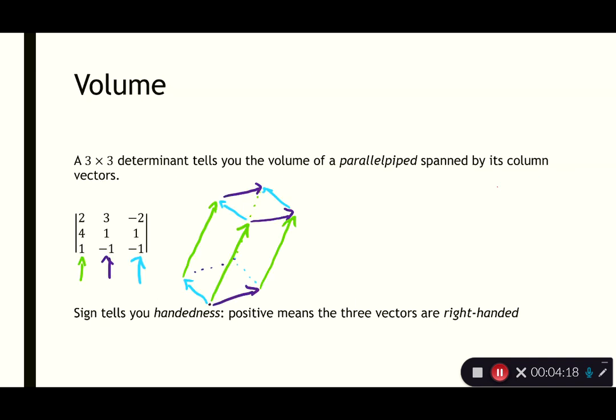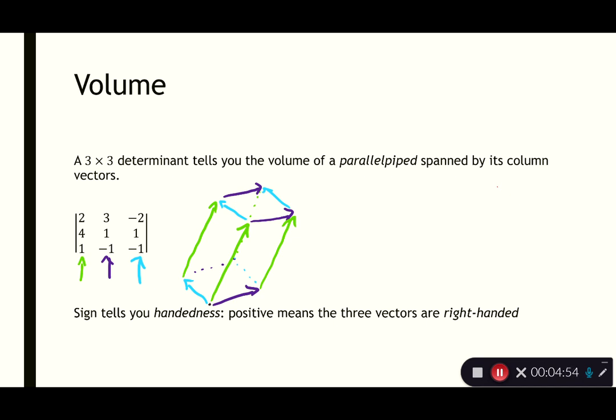A 3 by 3 determinant has a similar interpretation to the 2 by 2 determinant in that it tells us now about volume. If we have 3 column vectors that make up a 3 by 3 matrix, we can put them together into a geometric shape called a parallelepiped, where we write down all the possible ways to attach these 3 vectors tip to tail to each other one by one, and those build a kind of rectangular prism or rhombus prism, or I don't know what the geometric shape should be called.